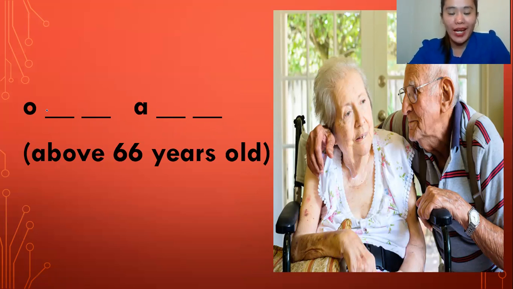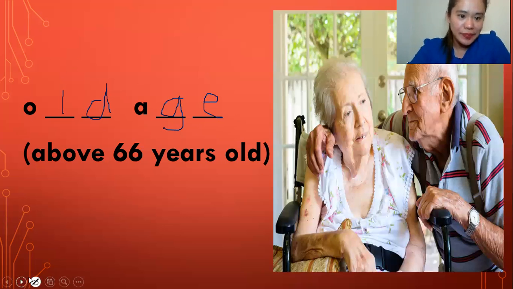Can you spell old age? O, L. Very good. Next. D, A. All right. And then the last one is E. So nice. All right. So that is old age. Next.